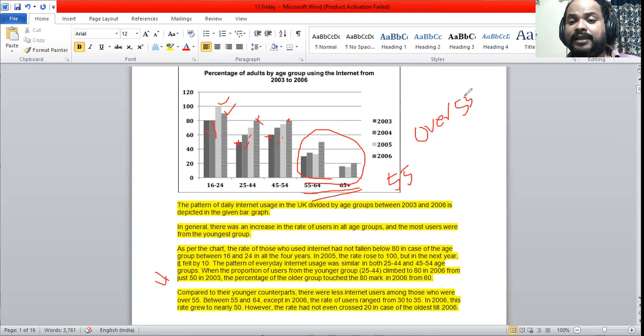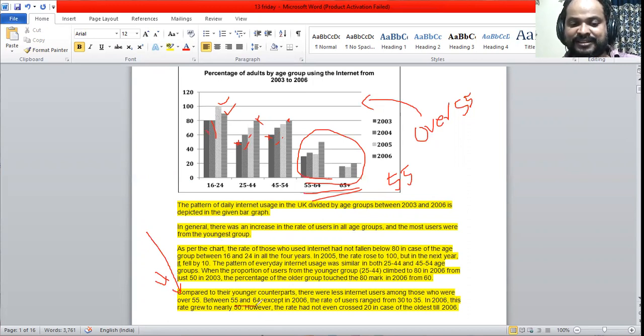Whatever the age is, if it is up to 100, then I can say over 55. So compared to the younger counterparts, what was younger? There were fewer internet users. The title is given there in the paragraph.